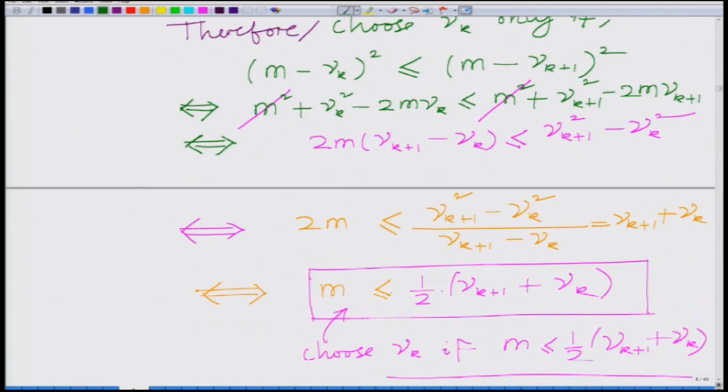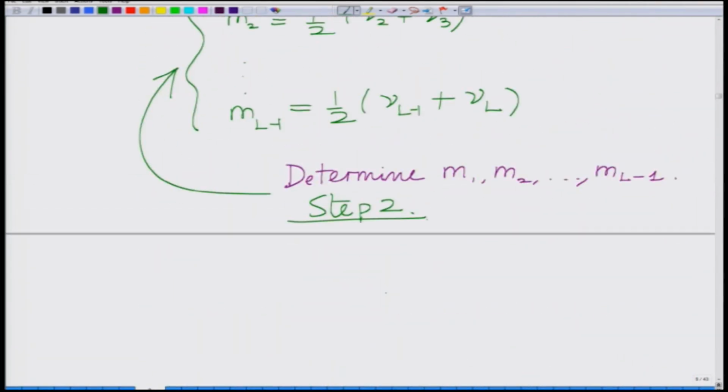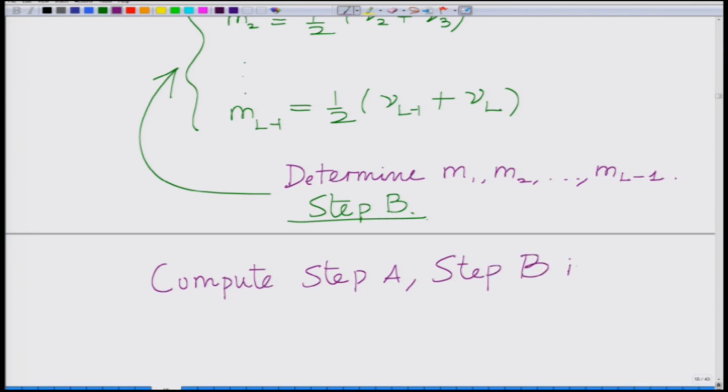So, this is your step B. Now, compute step A and step B iteratively.